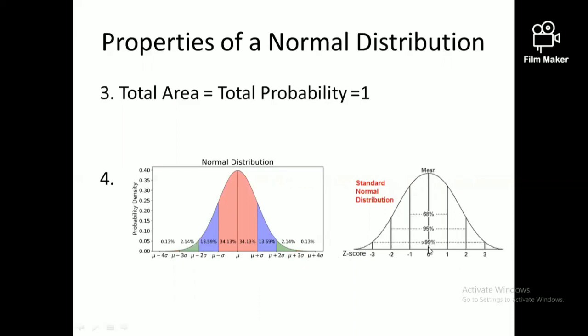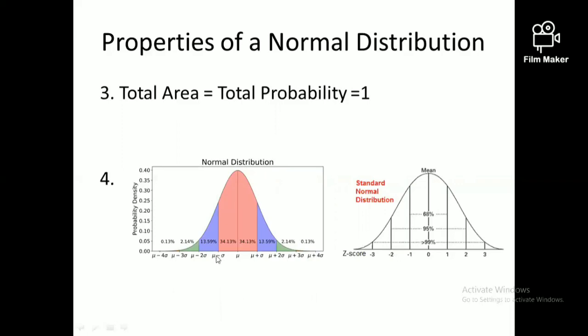Similarly, from the mean, three standard deviations to the lower side and the upper side would contain 99% of the information. That is a basic property we have to understand from this normal distribution graph.